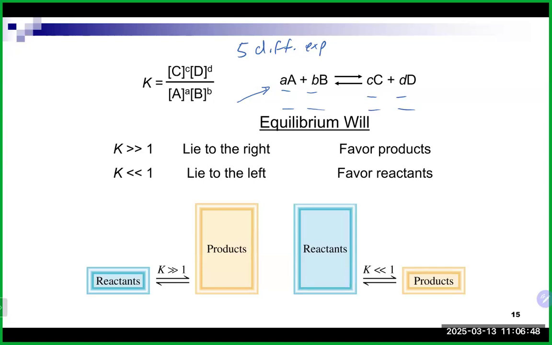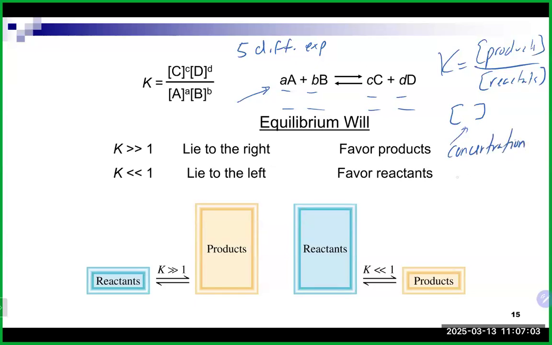Our equilibrium constant is based off the concentration of our products over our reactants. And a reminder, when we see those brackets, that is concentration, and molarity is usually what we are talking about there, moles per liter. Let's say that our equilibrium constant at 25 degrees Celsius for all these experiments is going to be 2.